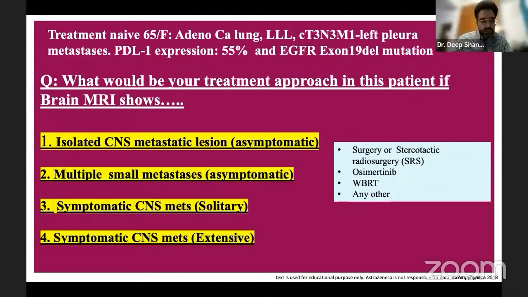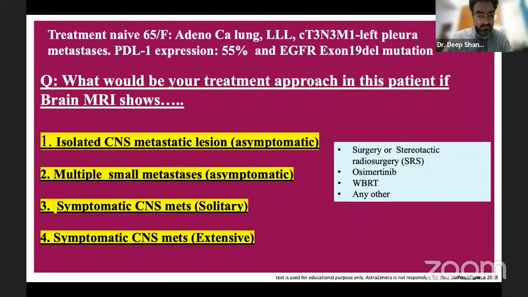Yeah, so for the first one, if this patient has an isolated CNS metastatic lesion, asymptomatic, I would go for radiotherapy, stereotactic radiosurgery. Secondly, if there are multiple small metastases but asymptomatic, it's quite a dicey area. But since the patient is asymptomatic, maybe some other systemic agent can be added.